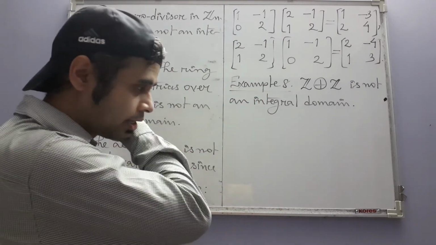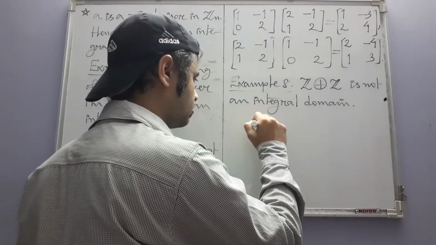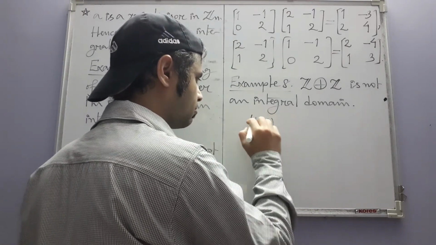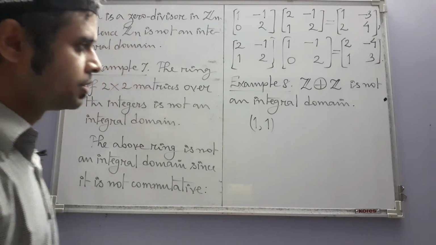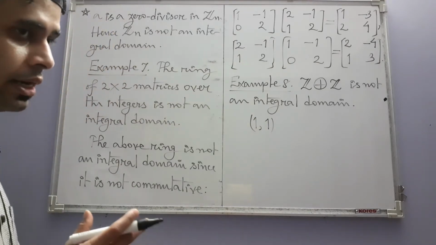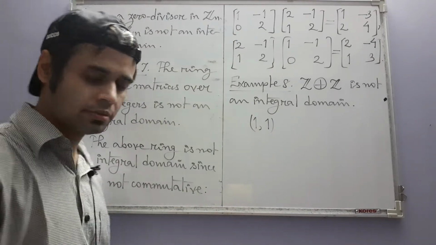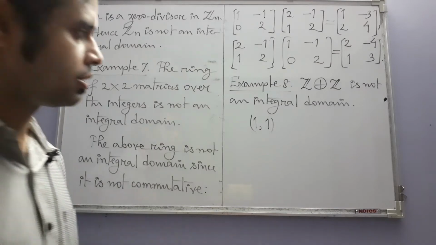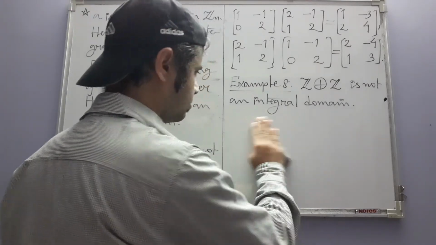And in fact there is this unit element 1 1, unity, but there are zero divisors, and that is why this is not an integral domain.